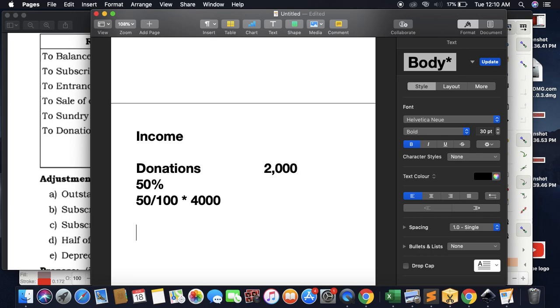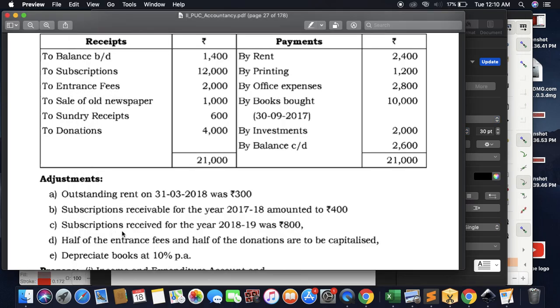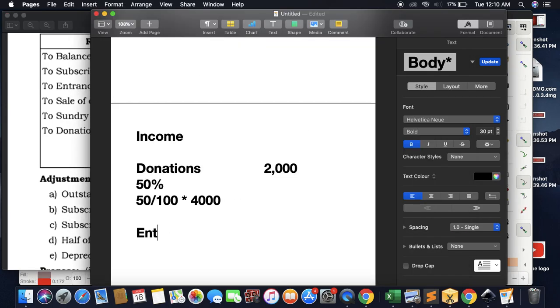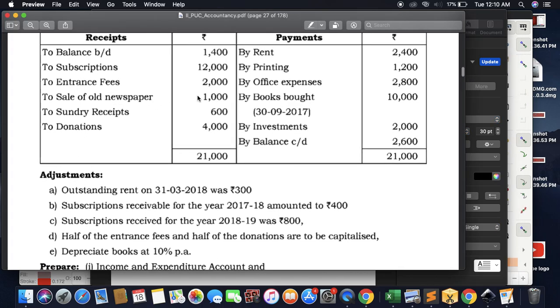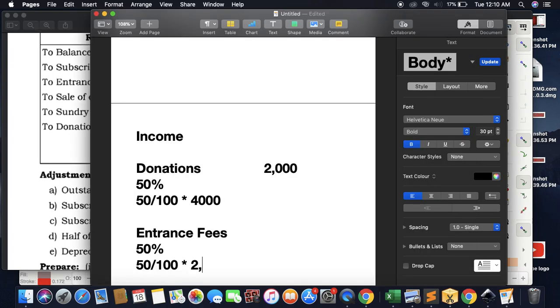And then for entrance fees, 50%, again you do 50 divided by 100 into 2000 rupees, as you can see. It's always a good habit to put the commas so we don't make a mistake with the zeros. So this is how you do.